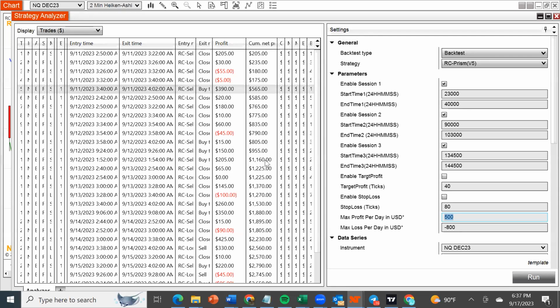So that's it, the bot will get disabled. Again, it started trades on 9/13 and made some profits. So whenever it crosses 500 for the day, the bot will get disabled. Or if from the top of the value it goes below 800, the bot will get disabled.